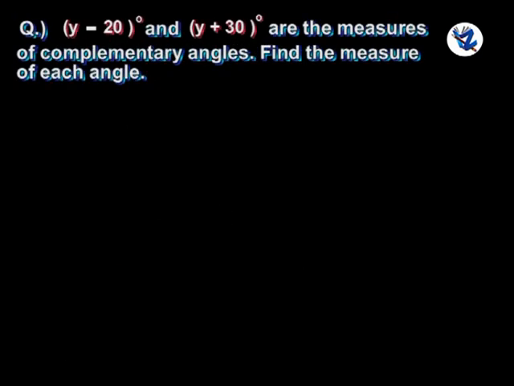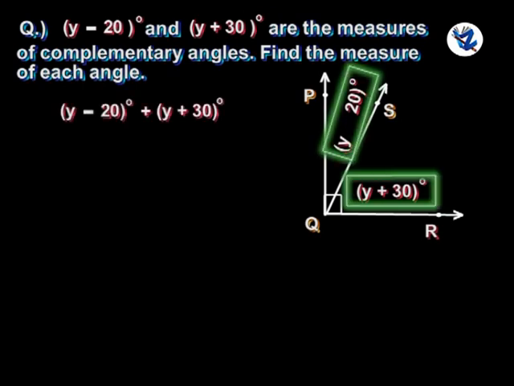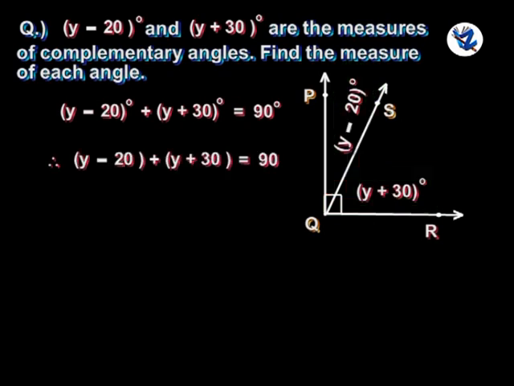Question: y minus 20 degrees and y plus 30 degrees are the measures of complementary angles. Find the measure of each angle. As these angles are complementary angles, the sum of their measures must be 90 degrees. y minus 20 plus y plus 30 is equal to 90.